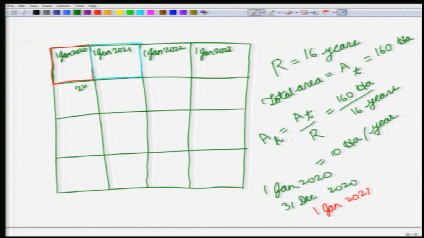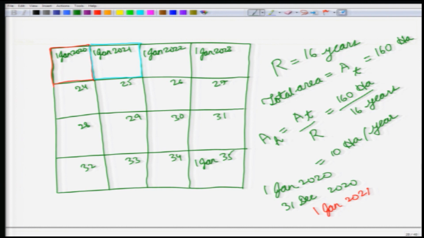So, this is 24, 25, 26, 27, 28, 29, 30, 31, 32, 33, 34, 35. So, this section was felled on 1st of Jan 2035.